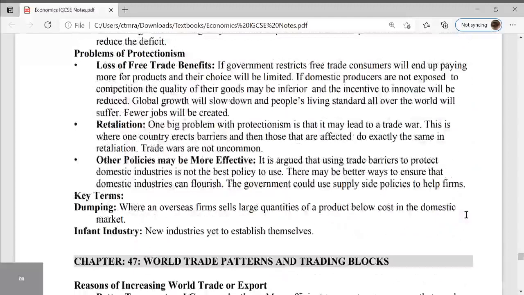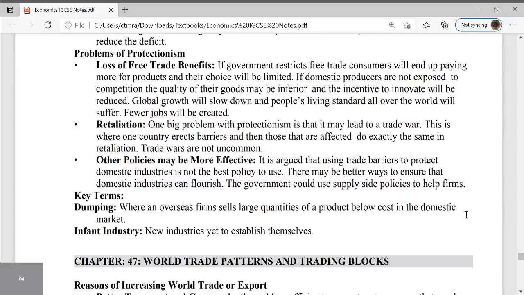Okay, so the next is we have problems of protectionism. So loss of free trade benefits. If governments restrict the free trade, consumers will end up paying more for the products. Okay, and their choice will be limited.